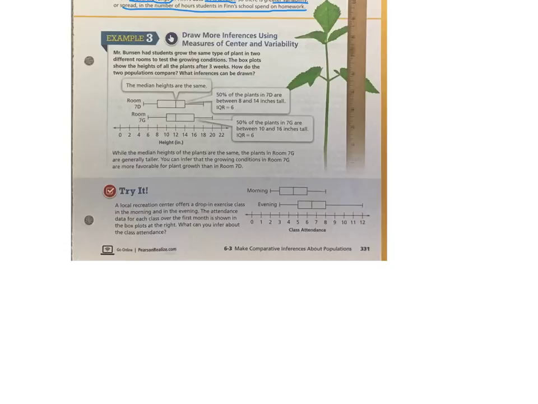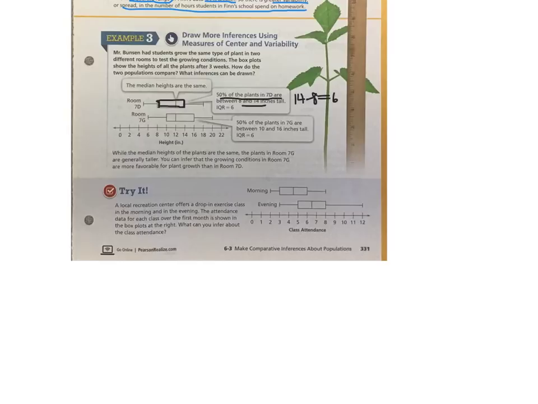The box plots here show us that 50% of all the plants in room 7D are between 8 and 14 inches tall. That's where the box is, with an interquartile range of 6, because remember, 14 take away 8 equals 6.